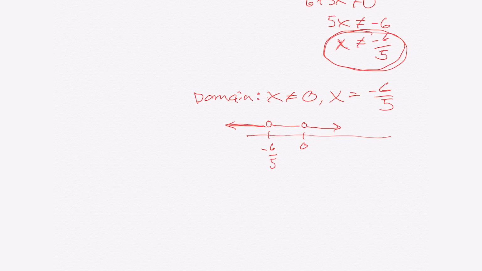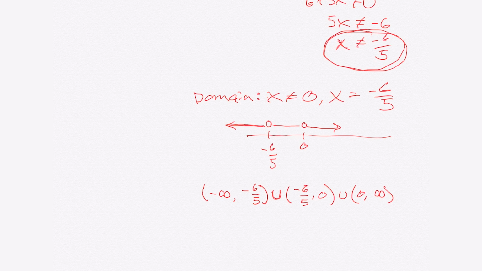And if we translate that down into interval notation, the shading starts from left to right, starts down at negative infinity, comes all the way up to negative 6/5, excludes it, union symbol, or we can choose x values from negative 6/5 up to 0, or we can choose x values starting at 0 and going up to positive infinity.